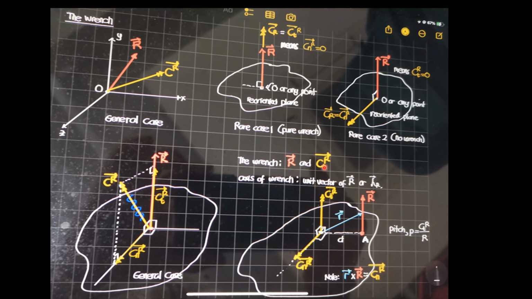So that's the effect of the wrench. You push the screw and at the same time you twist the screwdriver so that the screw will advance in the direction of R. So the axis of the wrench is the unit vector of this R there.